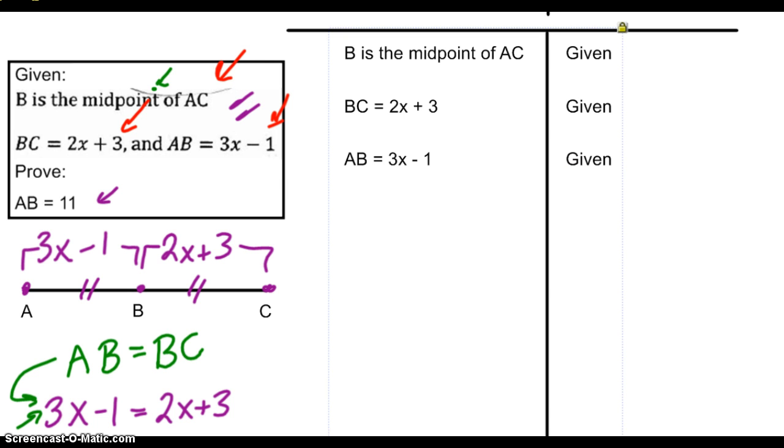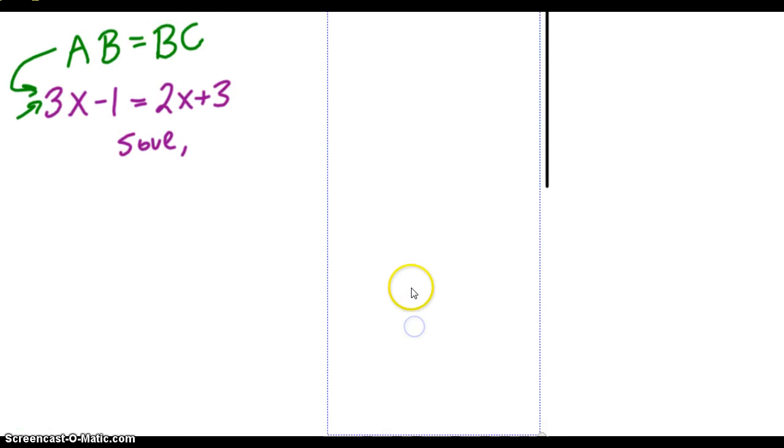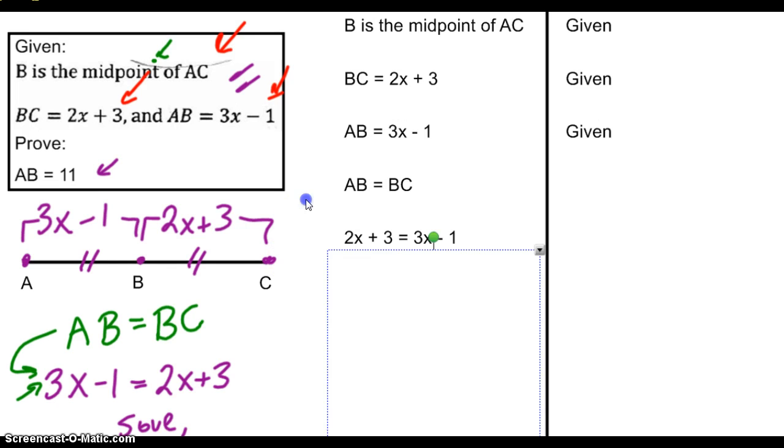All right, next what? Well, I could jump straight to writing down my equation, but I'm not going to. I'm going to write down that step that I wrote down before, AB equals BC, and then write my equation right after it. And what are the reasons for that? Well, I knew that AB equals BC because B was the midpoint.